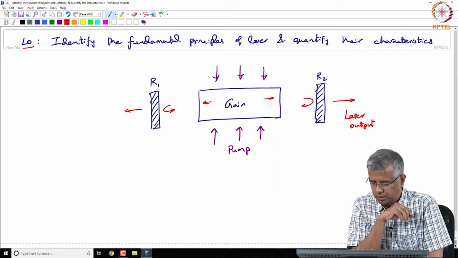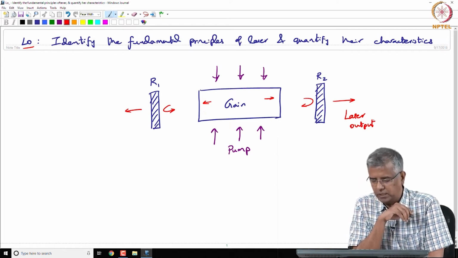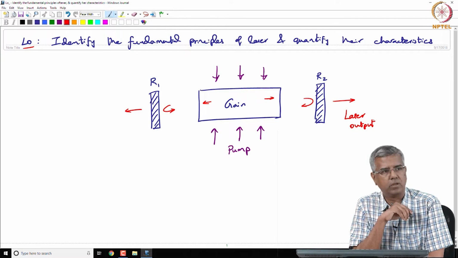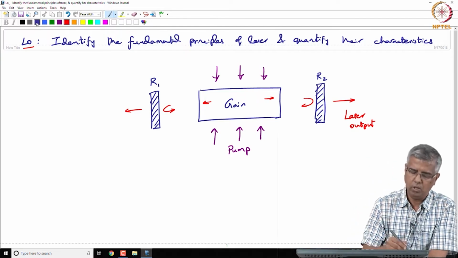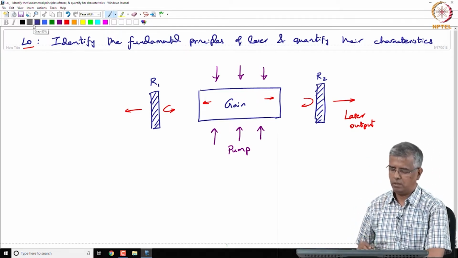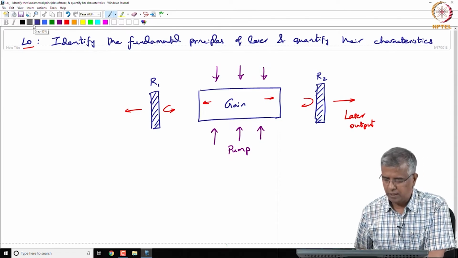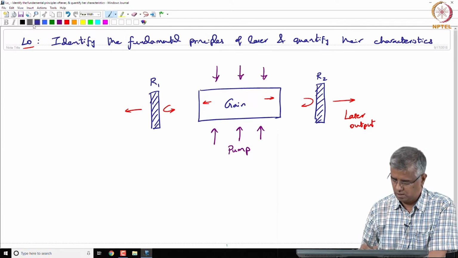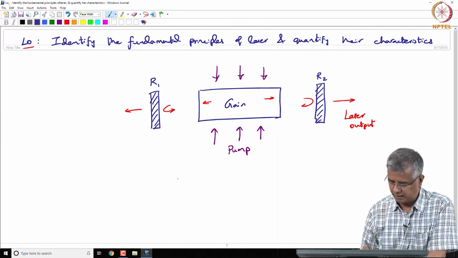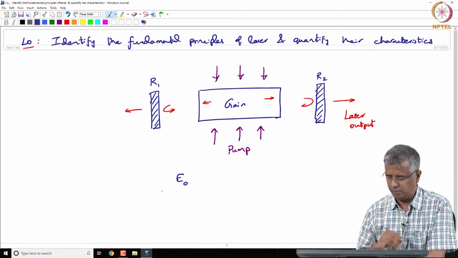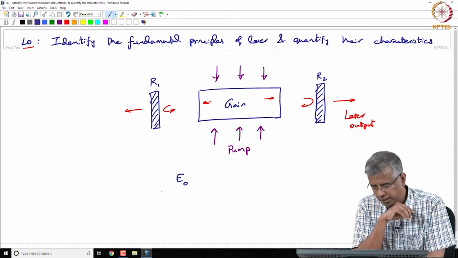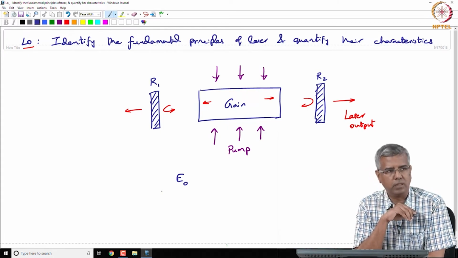Now, the question is, what are the conditions that you need to satisfy so that you can get that laser output. One of the conditions is, if you are looking at the fields corresponding to the radiation inside the cavity, let us say we are starting with a field with amplitude E naught.